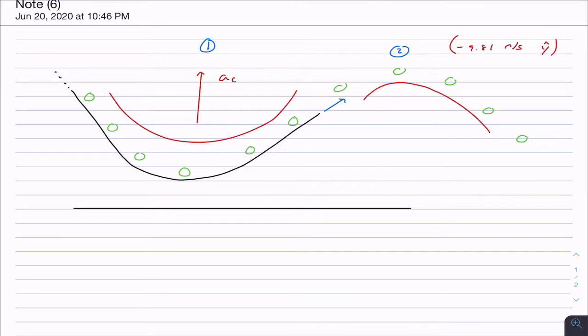It's negative y hat direction, which is going to be downwards. So we have opposite accelerations happening. So in acceleration 1, the direction is upwards, and in number 2, it's downwards. Those are my answers. And then let's move on to the next part of the problem.